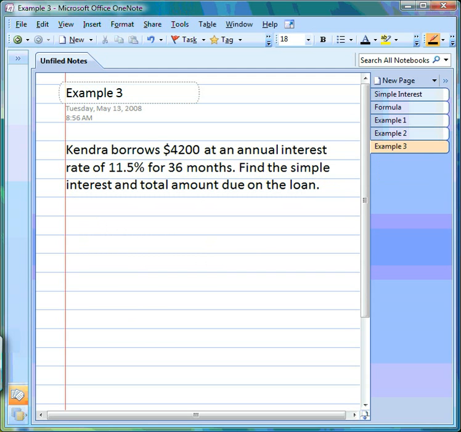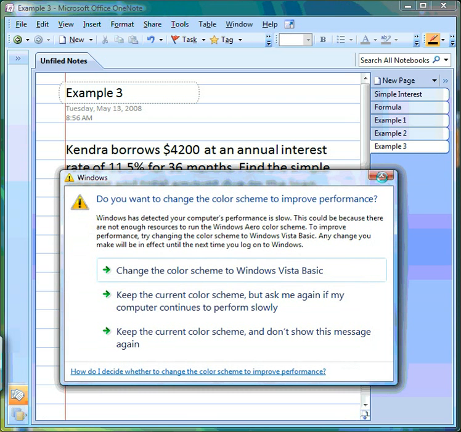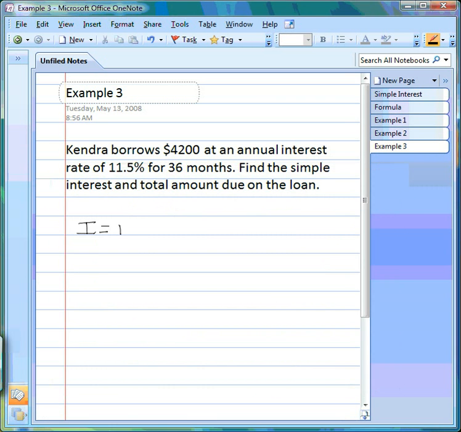Here's the third type of example. Again, we need to write in our formula. Interest equals principal times rate times time. Kendra borrowed $4,200. That's our principal. At an annual interest rate of 11.5.